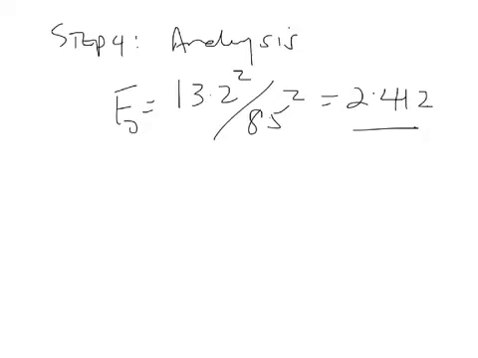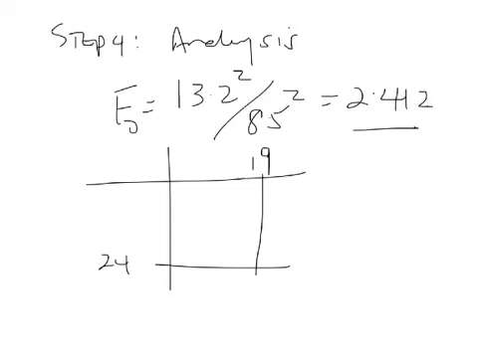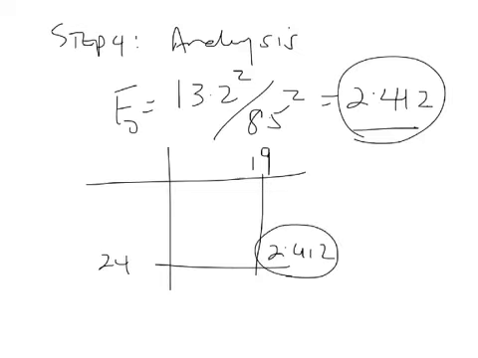Let's find a p-value. The p-value is kind of interesting, trying to find a p-value of the F distribution. What you would have to do in this case is look up the numerator, which was 19, and the denominator, which was 24. Then we're going to try to find the value of 2.412. Remember that for each area you get an F value.